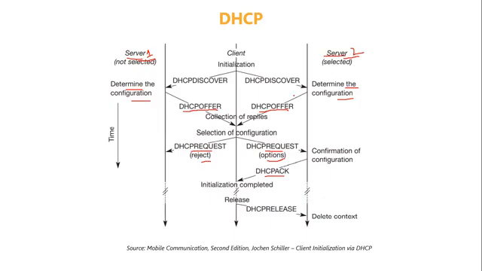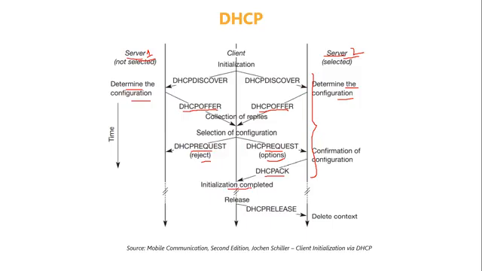Once all these steps are done, it means that the initialization phase is completed. Now the client has joined this particular network. Now the point is, whatever configuration parameters the DHCP server is providing to the client, it is actually time bound.